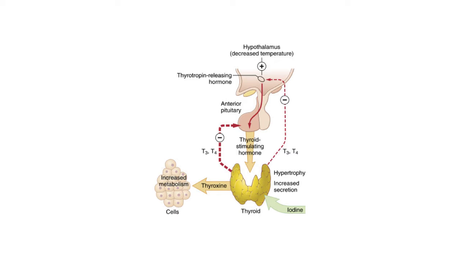So the end hormones, thyroxine and triiodothyronine, will then be utilized by the different cells of the body because they are now present in the bloodstream. These thyroid hormones will then increase the metabolism of peripheral cells.